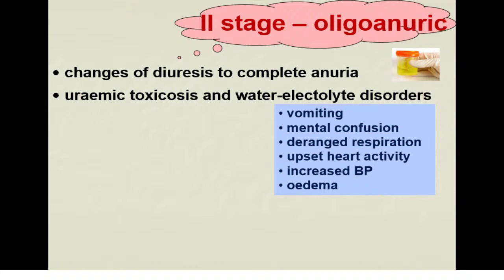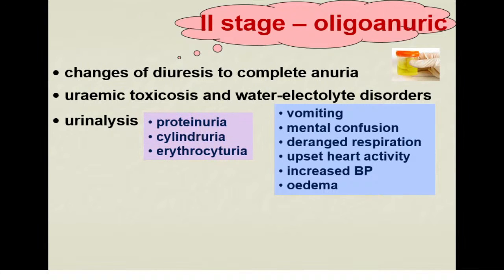Patient feels vomiting without any positive effect. Will be problem with consciousness due to response of central nervous system on intoxication. Will be problem with activity of the lung and heart. Will be increased blood pressure, and we can see progression of edema because liquid hold inside the body.